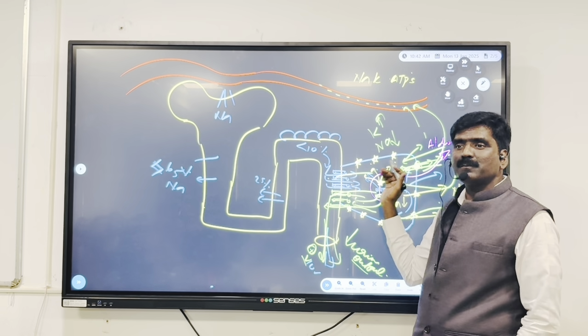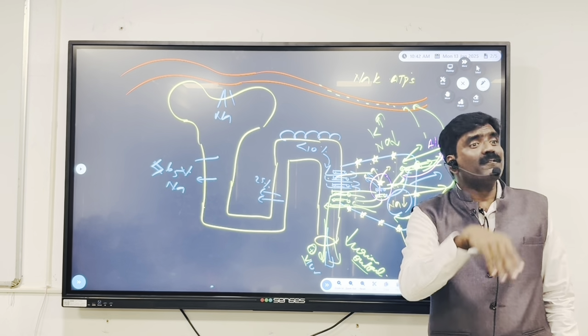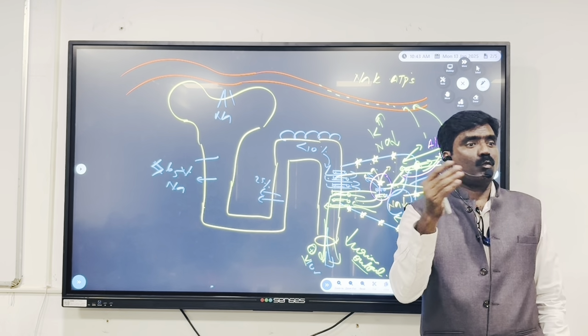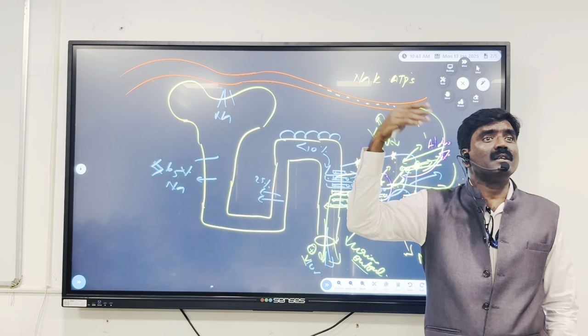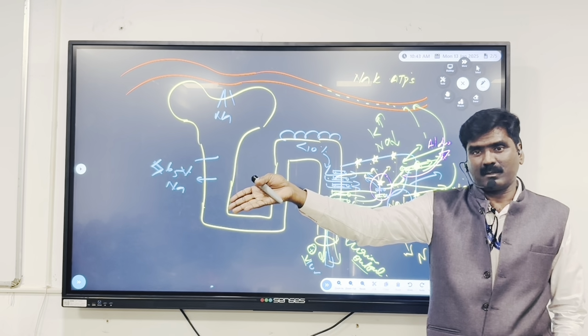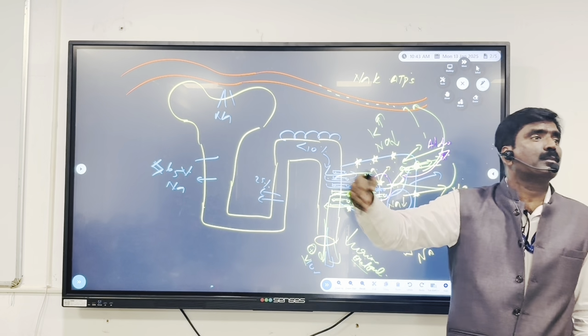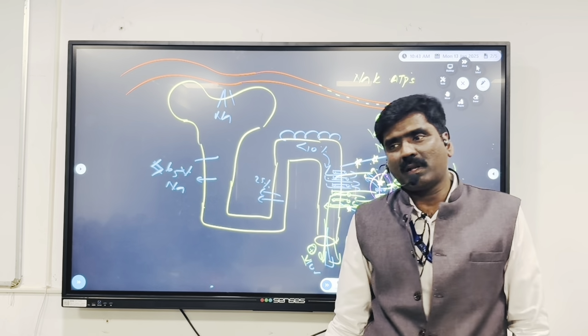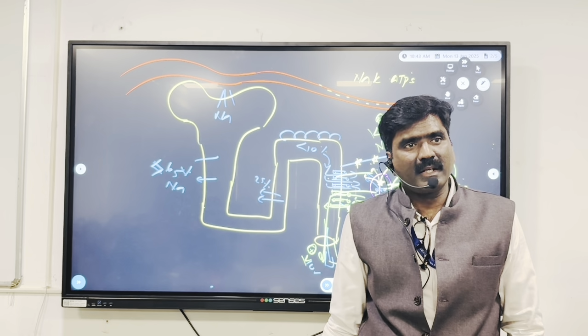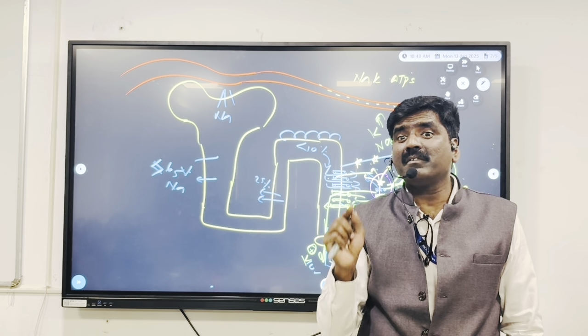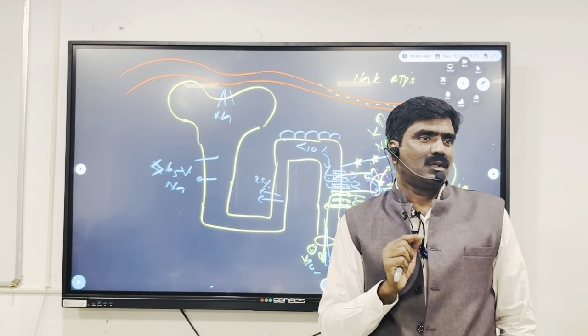Why is more sodium absorbed? Because water will follow sodium, and water is required to increase the blood volume, right? And blood volume should be increased to increase the cardiac output and systolic blood pressure. Any doubt?